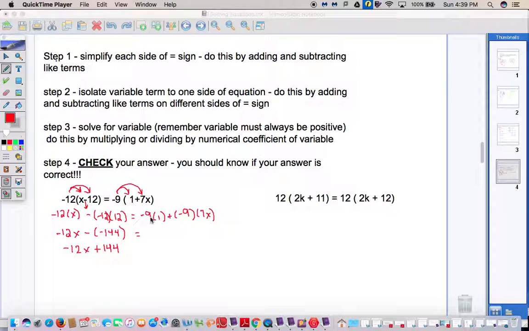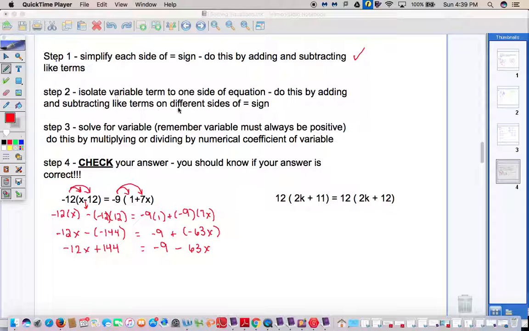And this equals negative 9 times 1 is negative 9 plus negative 9 times 7x is negative 63x. So we have that this equals negative 9 minus 63x. Okay, so we have now finished step 1. We have simplified each side of the equality sign.